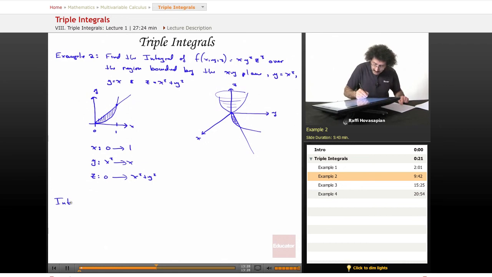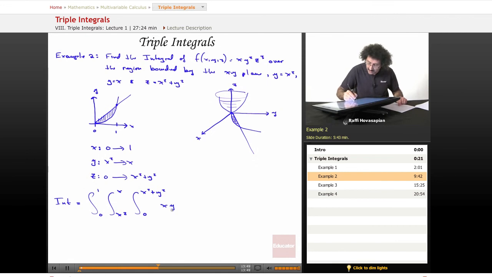So our integral is going to equal, so 0 to 1 for x, x squared to x for y, 0 to x squared plus y squared for z, of the function with x, y squared, z cubed, and now this was x, this was y, this was z.